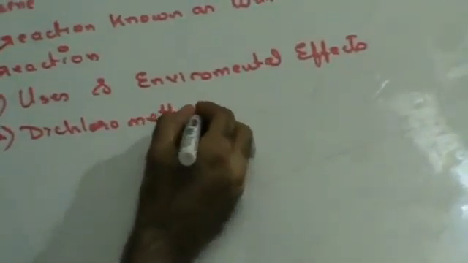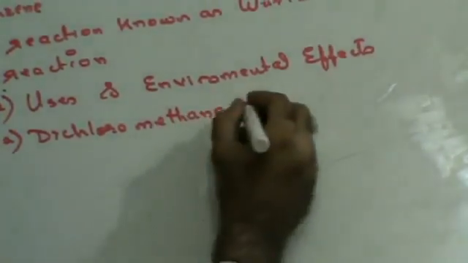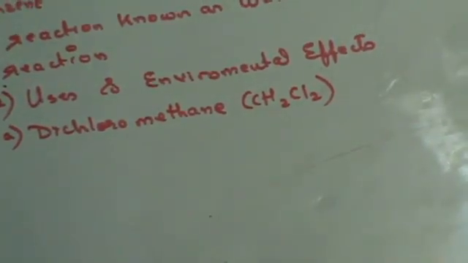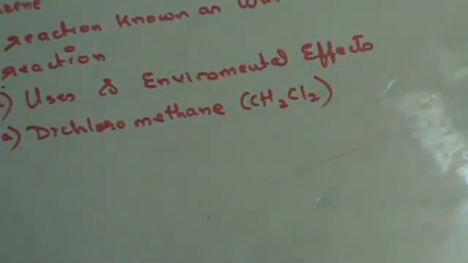Dichloromethane, that is CH2Cl2. Where do I use dichloromethane and what are its environmental hazards?